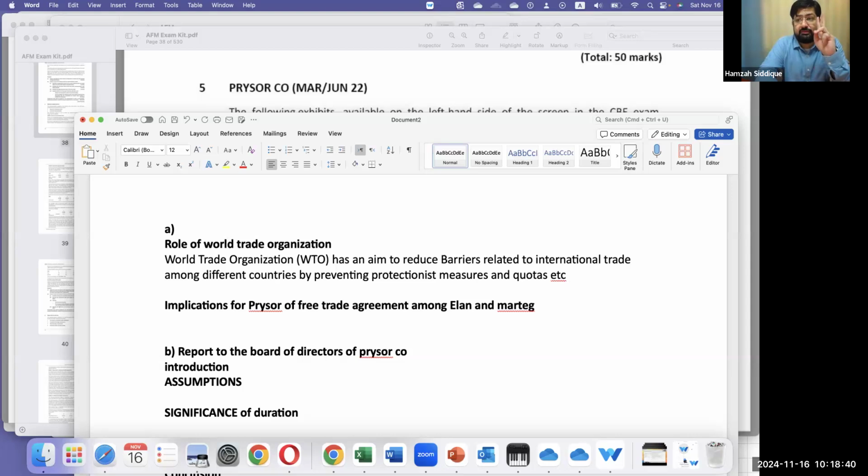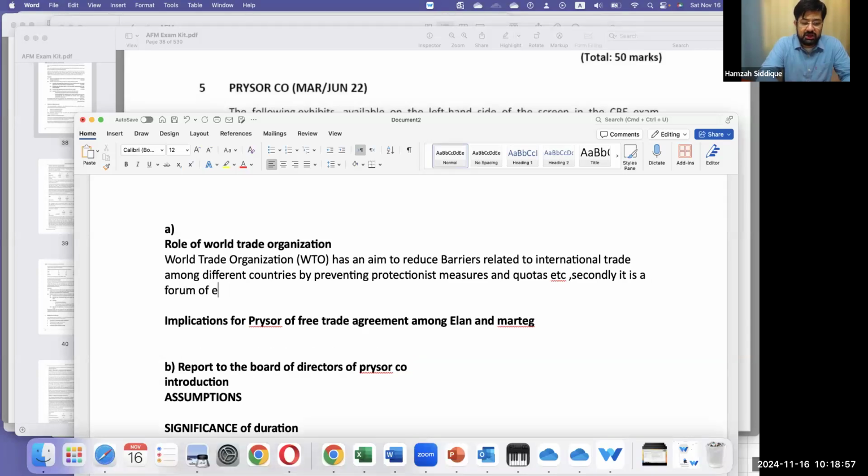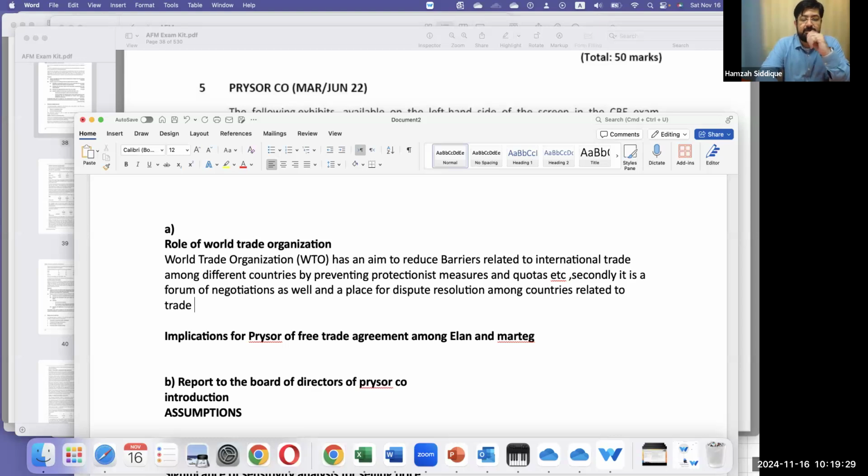We need to write for 2 marks. Secondly, it is a forum of negotiations as well, and a place for dispute resolution among countries, related to trade.